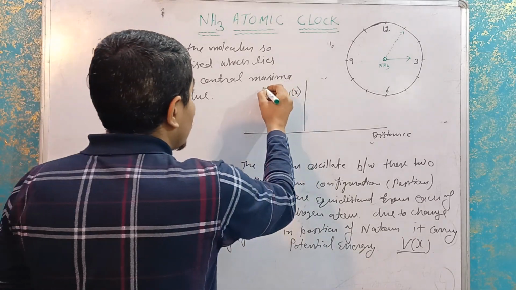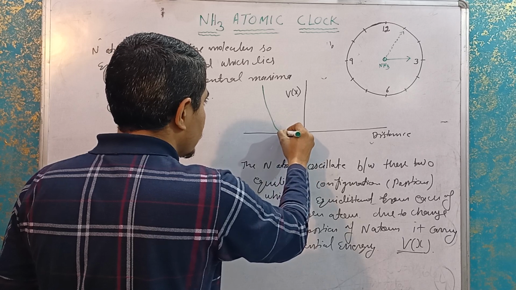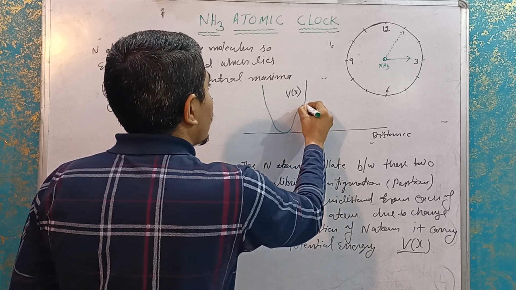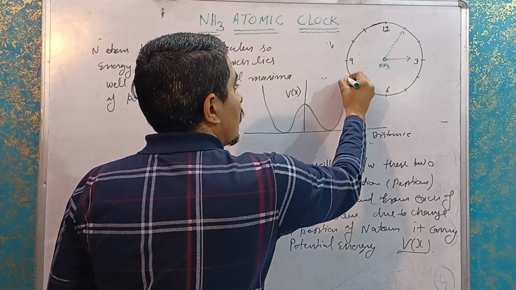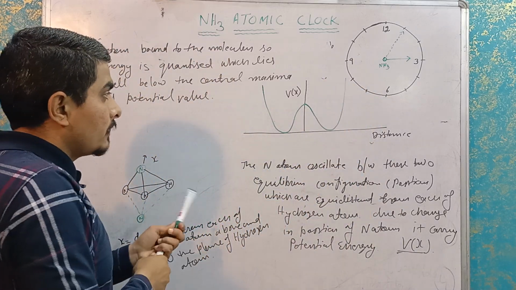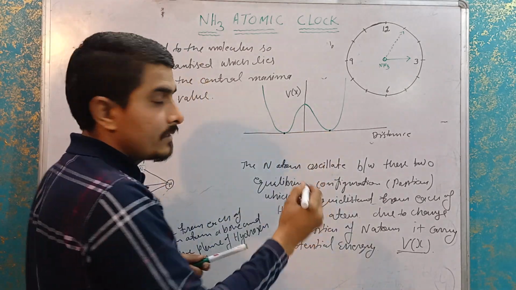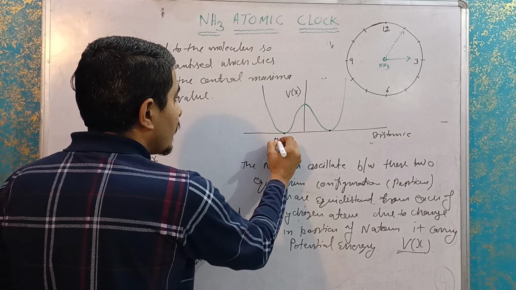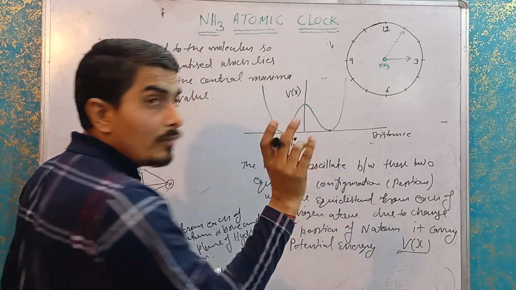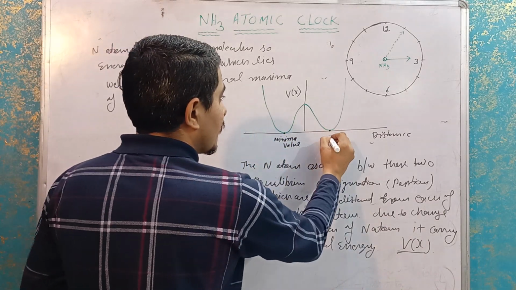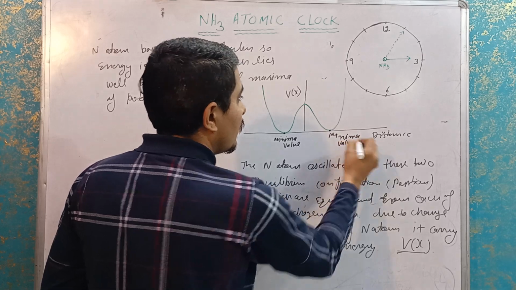Now the energy is in a shape like this. This is the minima value. There are two minima values. This is the first minima and this is the second minima value.